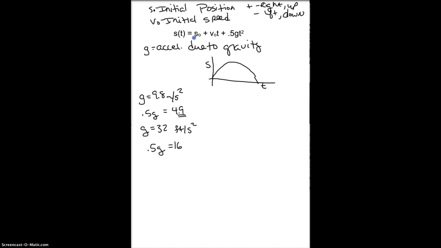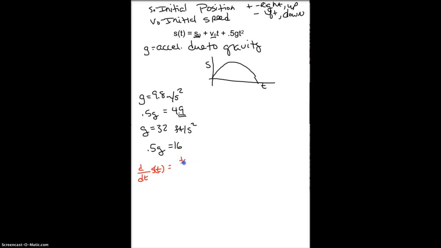So you have the initial position, plus initial velocity times time, plus 1/2 gravity times time squared. Now I told you that velocity is the derivative of position. So what is the derivative with respect to time of s of t?